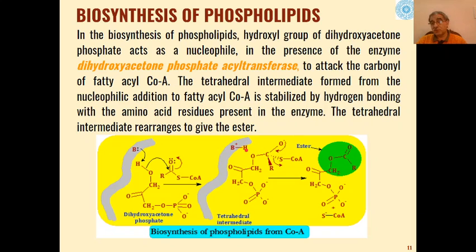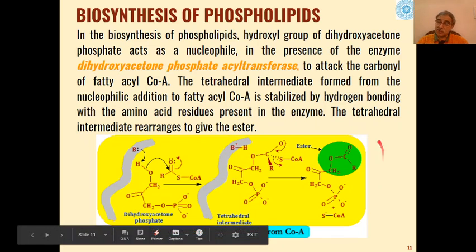This proton will stabilize, this will act as a positively charged body, and this will neutralize the negative charge on the tetrahedral intermediate, and then this will form a carbon oxygen double bond, and coenzyme A will be eliminated, and formation of a phospholipid will take place, and an ester linkage will be formed like this.